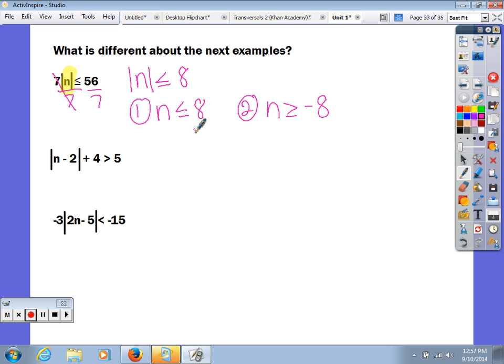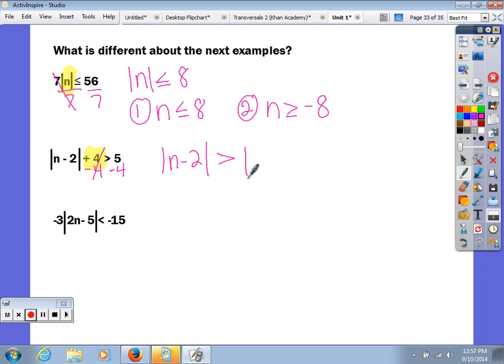Okay, for the next problem, if you want to go ahead and look at it, the absolute value is still not isolated, so I need to do that first before I break my two cases apart. So instead of adding 4, the opposite operation tells me to subtract 4. Then I would have the absolute value of n minus 2 is greater than 1. Okay?